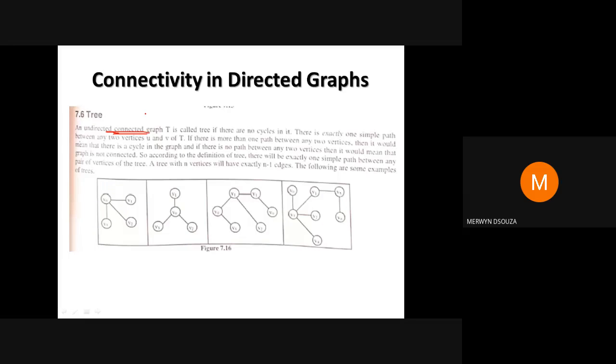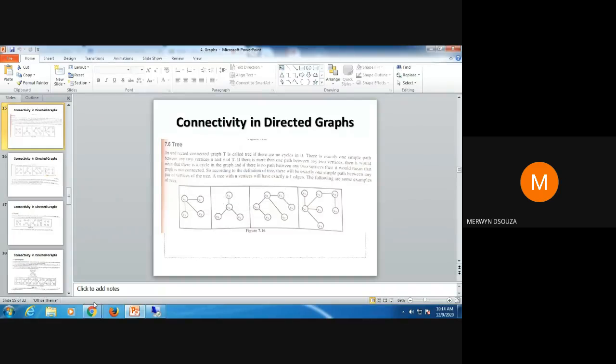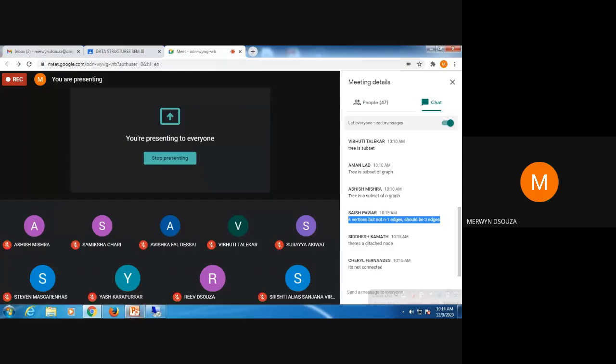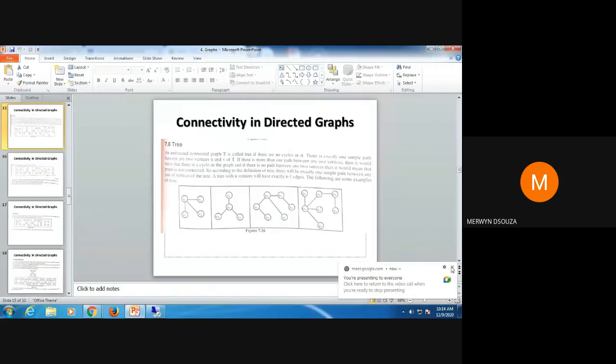So Siddesh is trying to say that the graph is not connected. Like Cheryl has said, Saish also has given this reason. So that's the main reason: it's not connected.